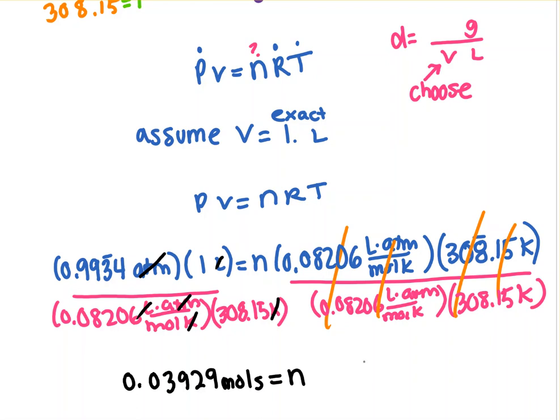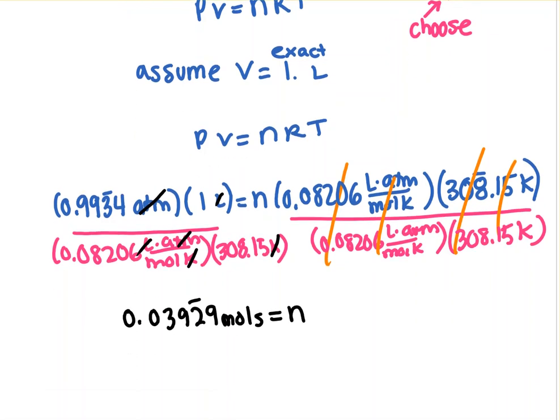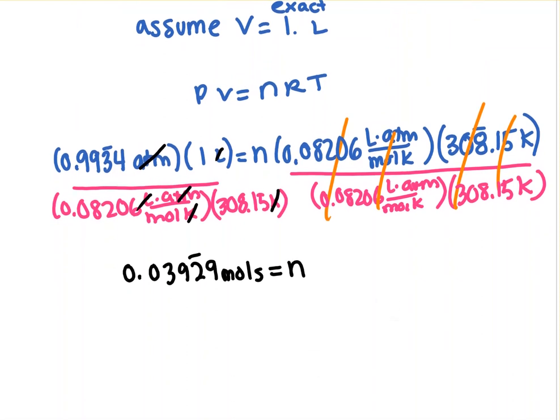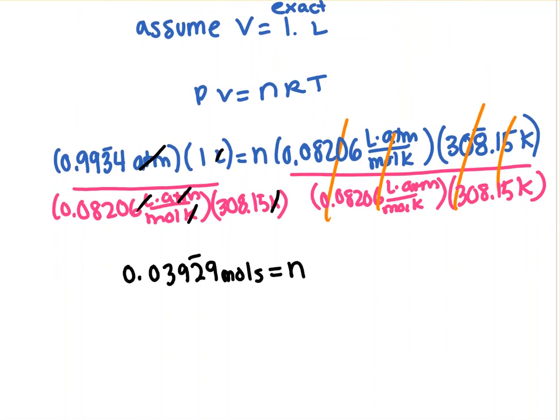And sig fig wise, I really had 3 sig figs, but I'm still carrying extra digits. Okay, so I've got n, and let's remember what we were doing. We were supposed to be finding density.